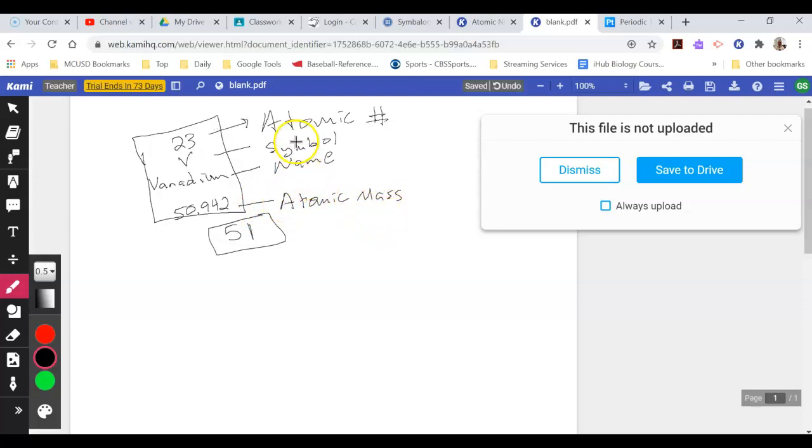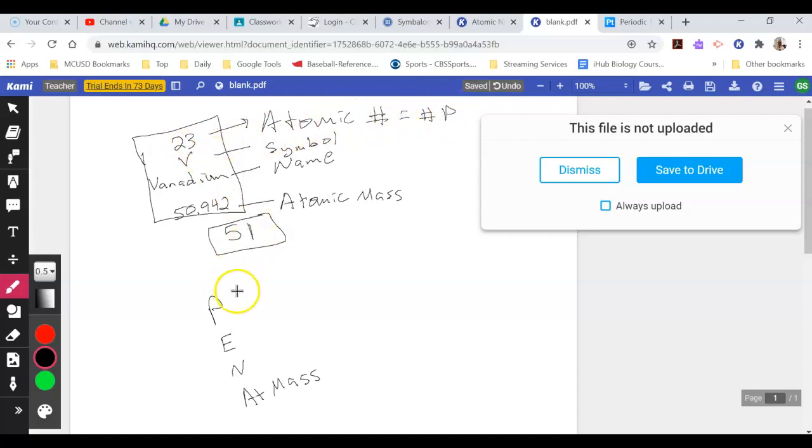All right, so we can get all the information as far as the subatomic particles. We can get the number of protons, the number of electrons, the number of neutrons, and that atomic mass just from this. Your atomic number is going to equal your number of protons.